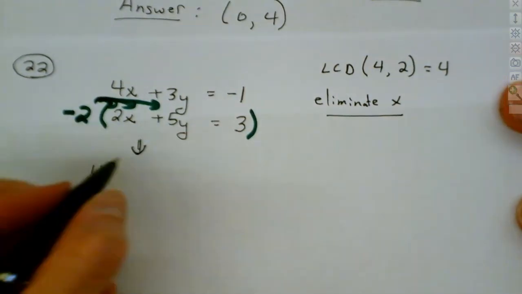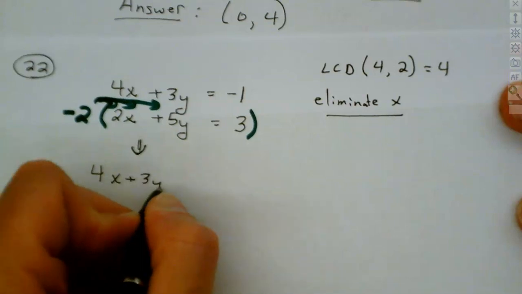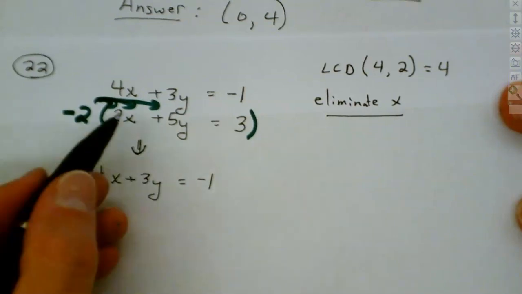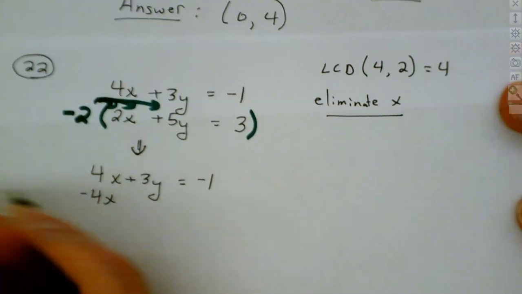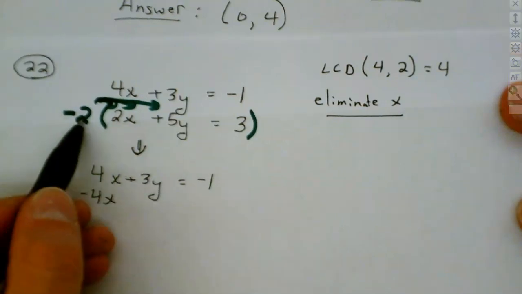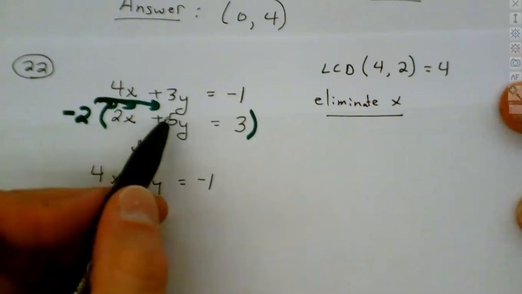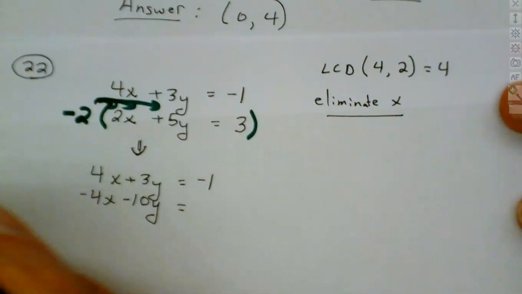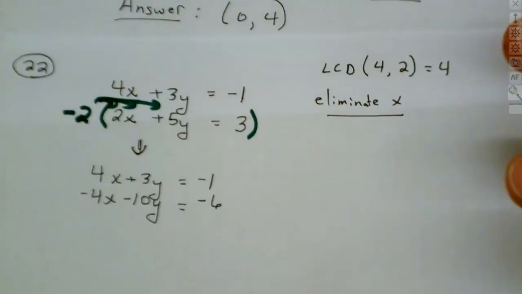So now we've got 4x plus 3y equals negative 1. That stays the same. Distributing through here, we have a minus 4x. Negative 2 times positive 5, that's a minus 10y. Negative 2 times positive 3, that's a minus 6.